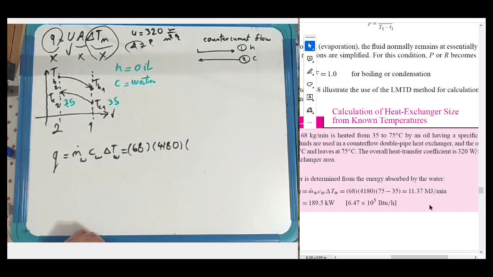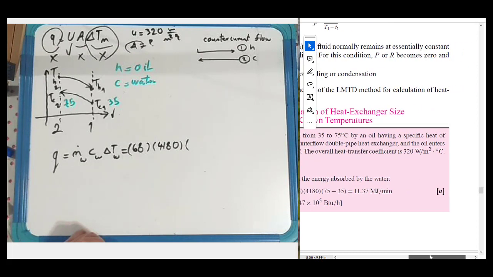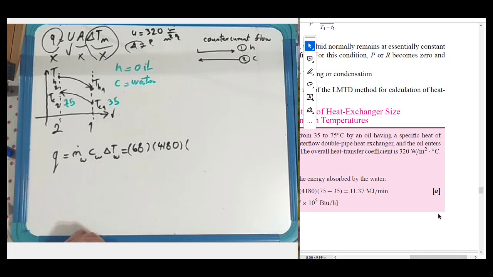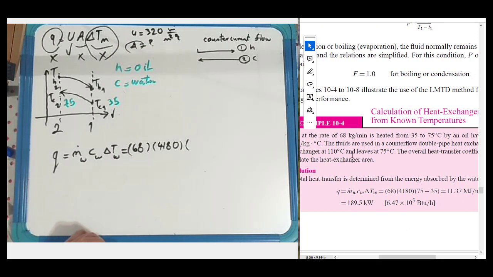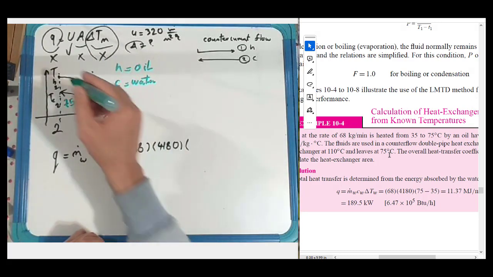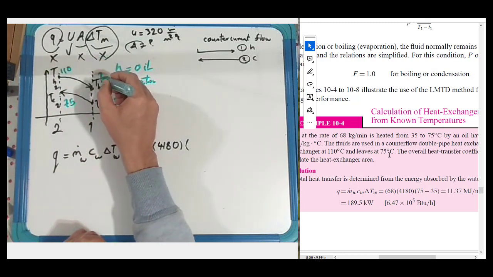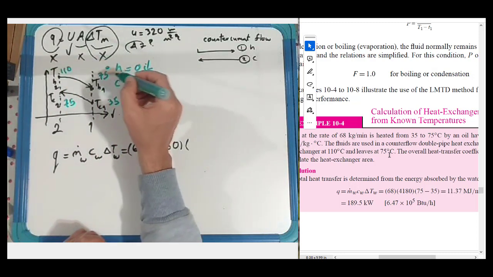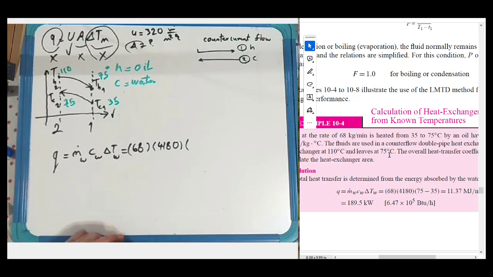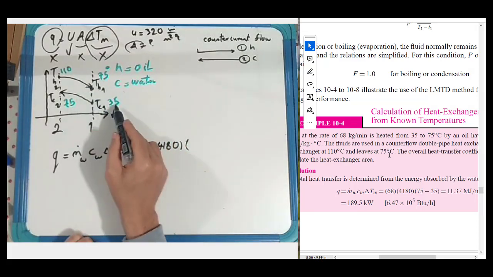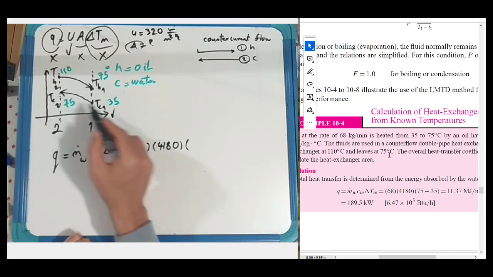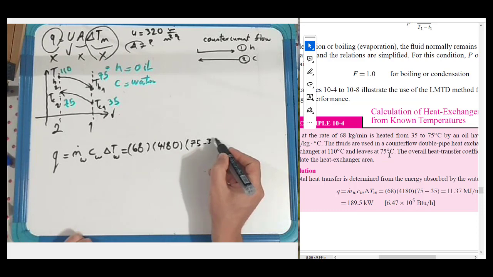The oil enters the exchanger at 110 degrees Celsius and leaves at 75 degrees Celsius, so this would be 110 and this would be 75. In this formula, because this is for water, which one of these is water? The bottom one. So we can write 75 minus 35.